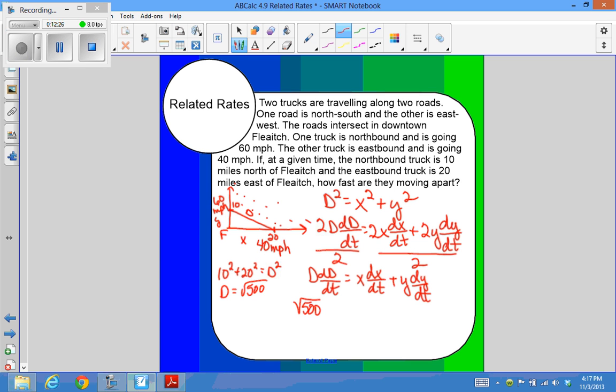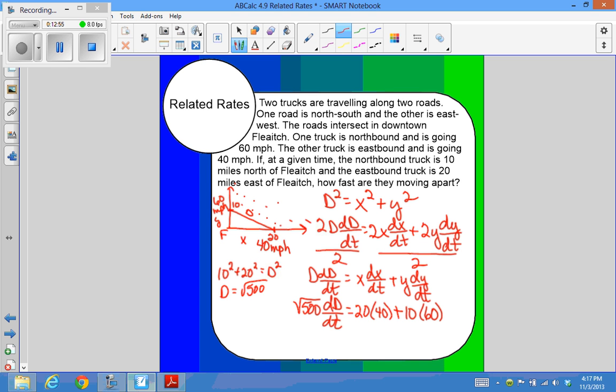So I put the square root of 500 times dD/dt equals my x value, which we said was 20, times my dx/dt, my rate of change of x with respect to time, which is 40 miles per hour, plus my y value, 10, times my rate of change of y with respect to time, which is 60 miles per hour.